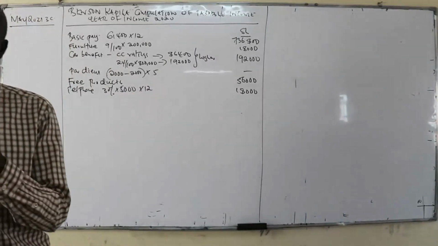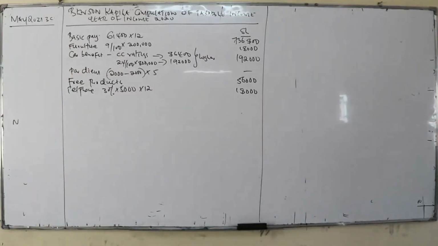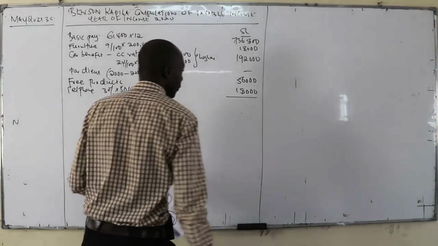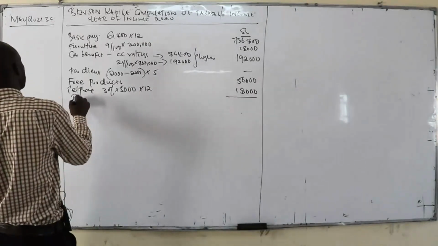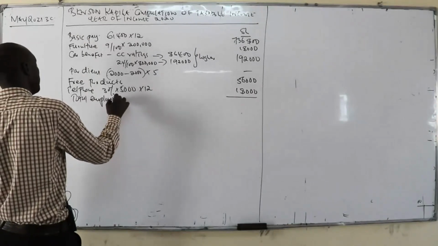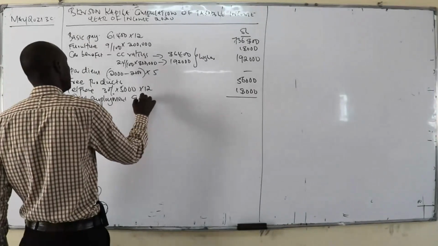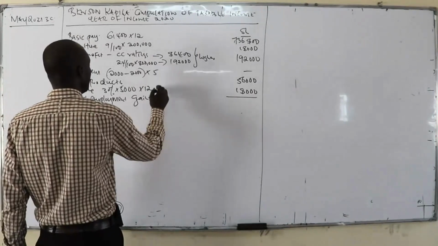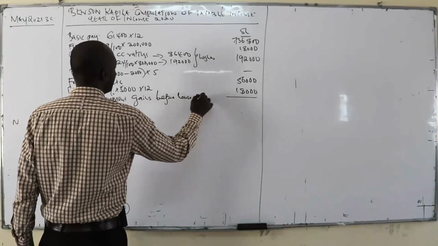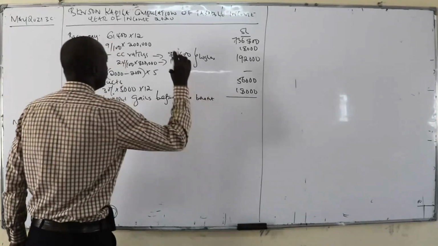So up to number 13 relates to other income that is not connected to employment. Up to this point, we have exhausted all the employment gains. Then you write here total employment gains or benefits, employment gain before house benefits. So you add them together.